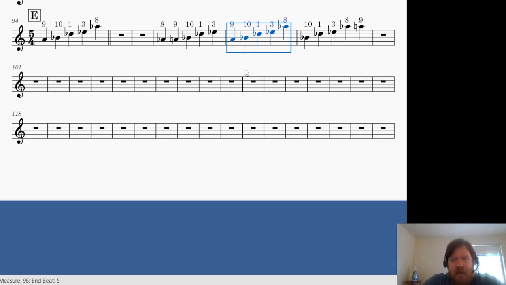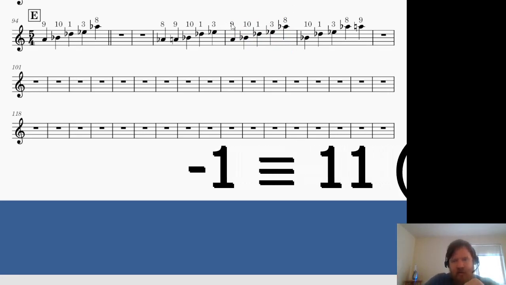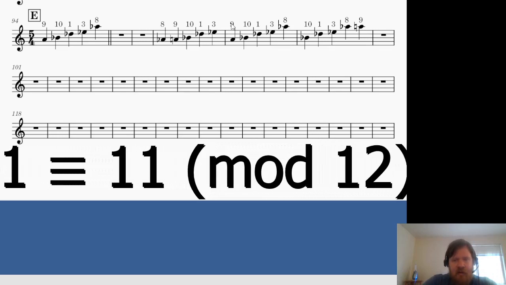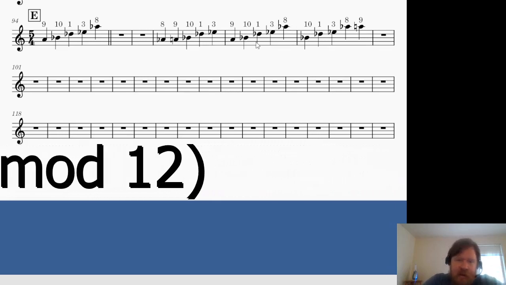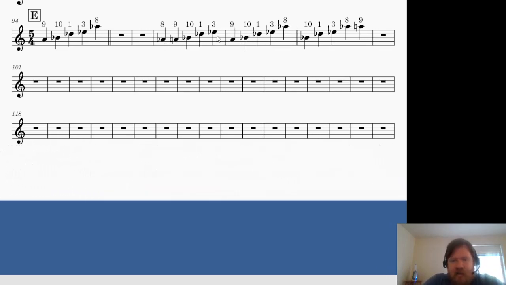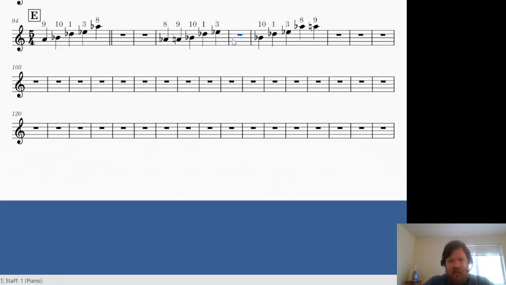All of these you can do numerically as well, so you could take 8 minus 9, which is going to equal -1, and we need it to be somewhere between 0 and 11, so if we just add 12 to -1, then we're going to have 11 half steps, major 7th. In any case, it's bigger than this perfect 5th over here, so this is not the winner. And finally, B flat to A, that's another major 7th. Too big, that's not the winner.